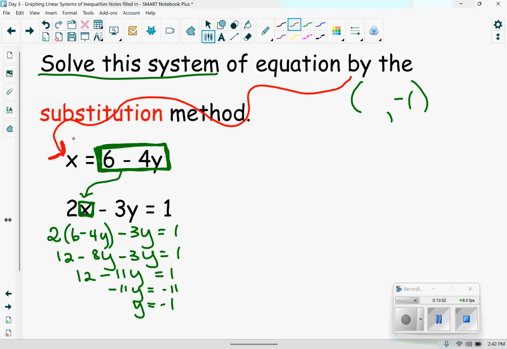And you just plug it in there. x is going to equal 6 minus 4 times your y, which you already found to be negative 1. We always multiply before we add. So it's going to be 6, and then negative 4 times negative 1 is a positive 4. So x is going to be 10. The place those two lines intersect, if I were to graph them, is the point (10, -1).